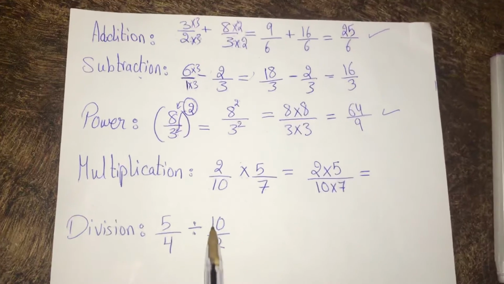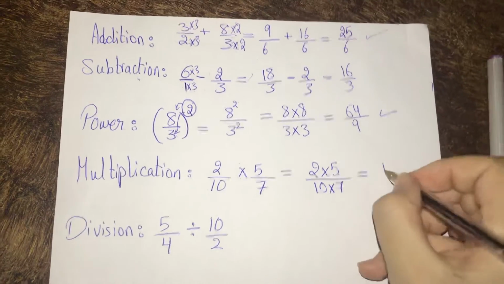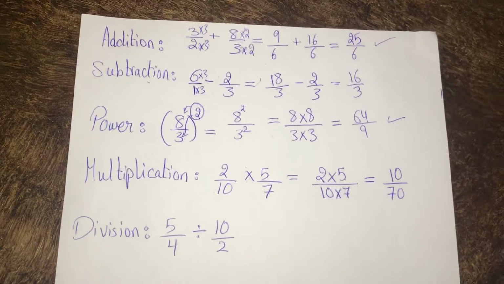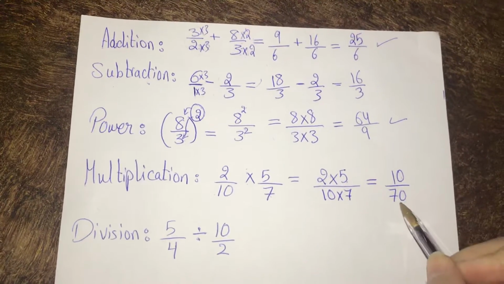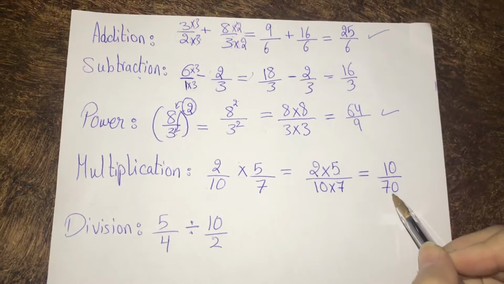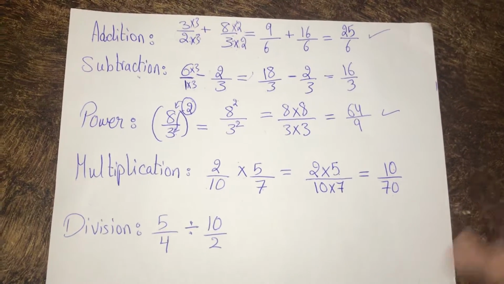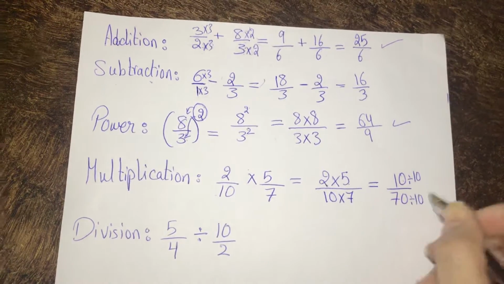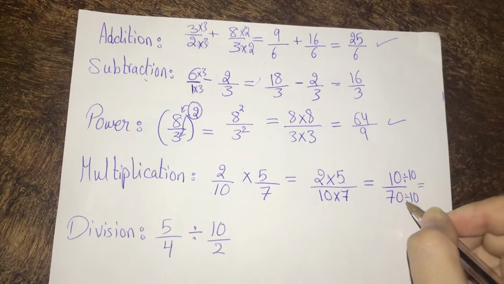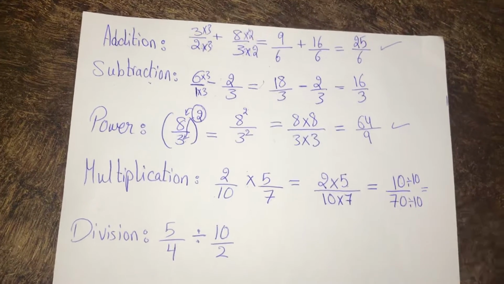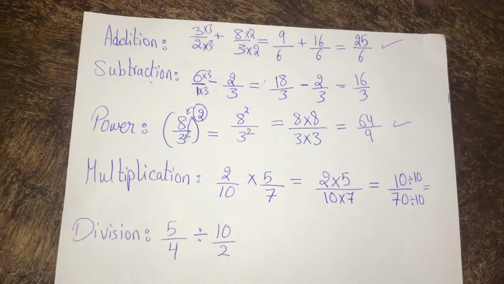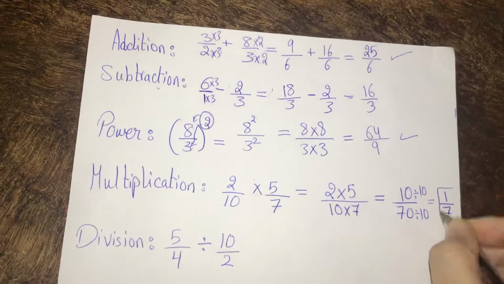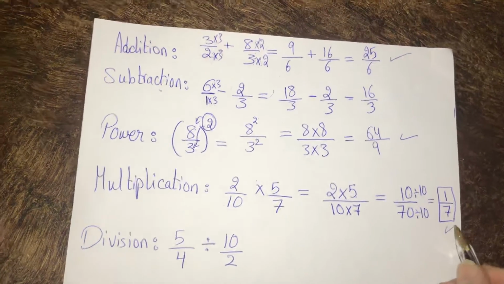Okay, 2 times 5 is 10 over 70. As we see, 10 and 70 are in the multiplication table of 10. So you have to divide the numerator and denominator by 10 to give the simplest fraction, or reduced fraction, okay? 1/7, and this result is done.